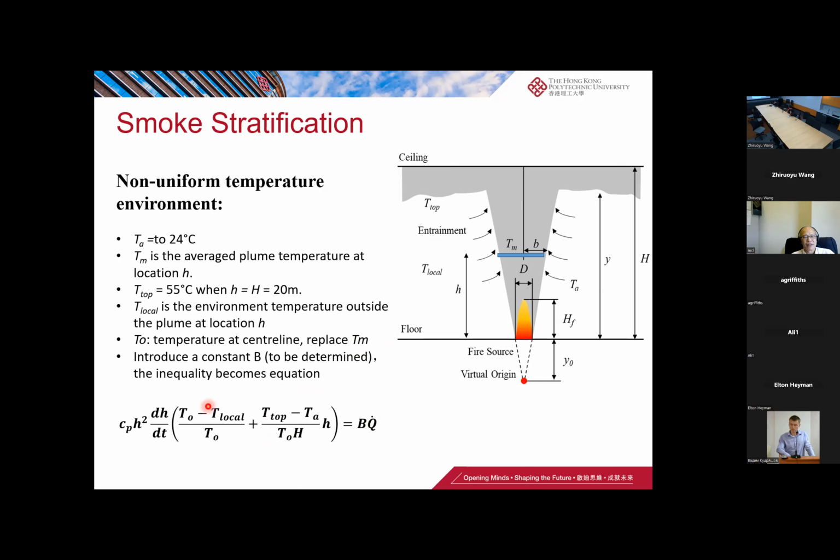Now the only possible error introduced into this equation is replacing Tm with T0. Actually, Tm and T0 have a correlation: Tm is equal to T center plus T local, the local temperature, divided by 2.